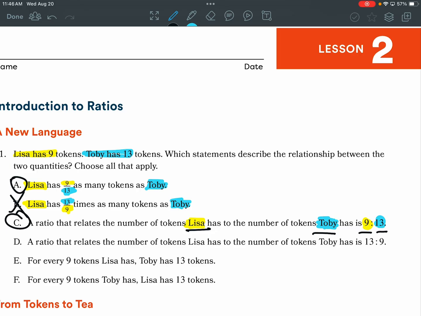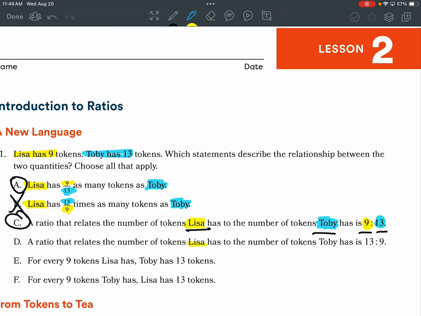I'm going to write the stuff on the bottom. Okay, letter D. A ratio that relates the number of tokens.